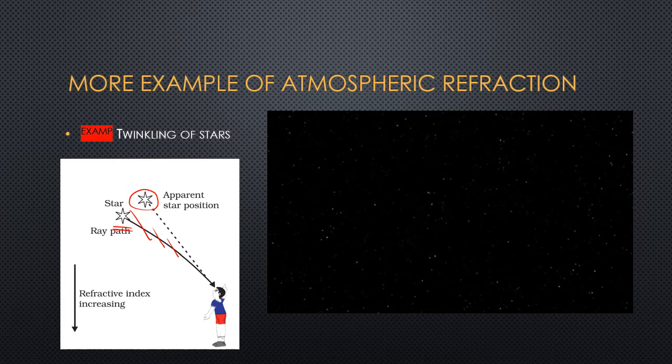That means if one is twinkling, its intensity reducing, another will brighten up. So the overall effect of twinkling gets nullified. Due to this, the twinkling effect is not visible for the planets. It's only for the stars.